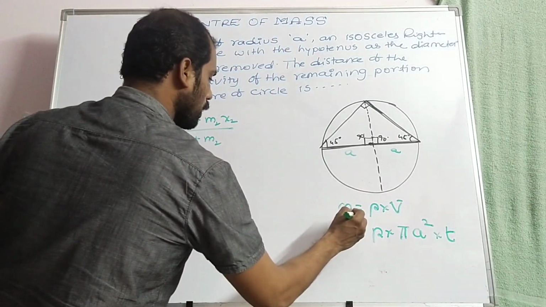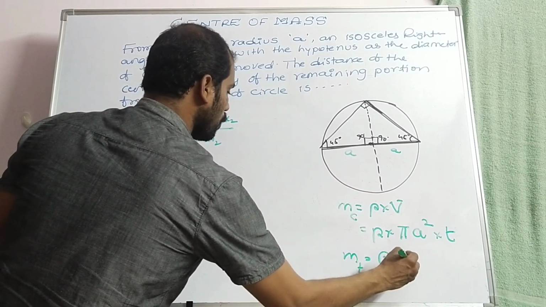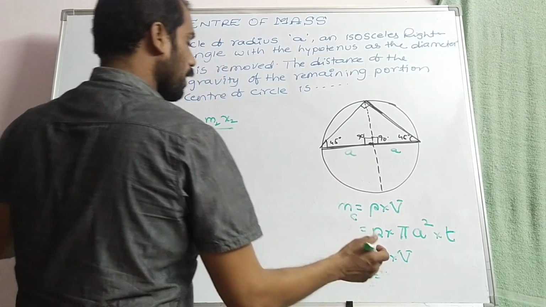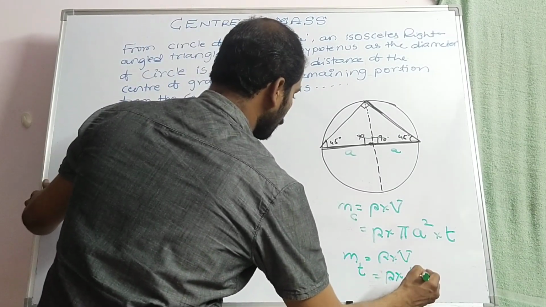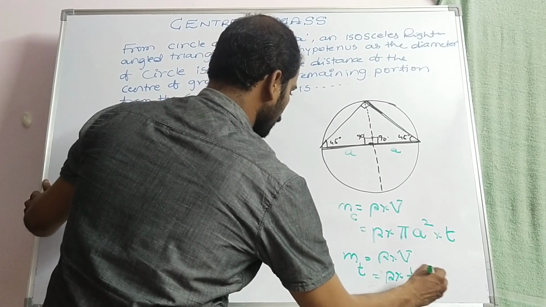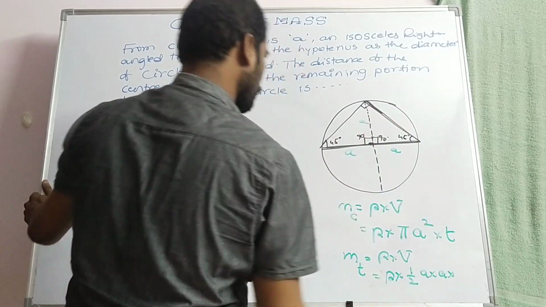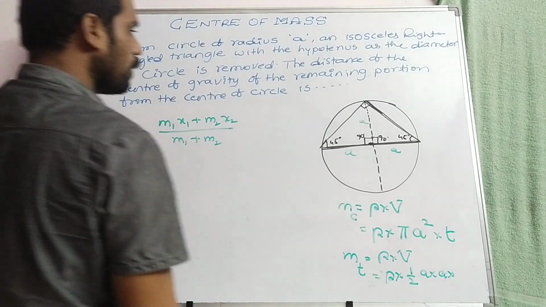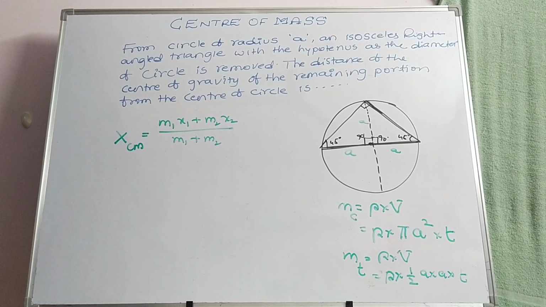For the triangle, mass is equal to density into volume, that is density into half into base into height into thickness. Base and height are both a.